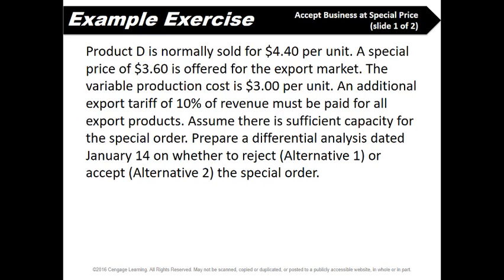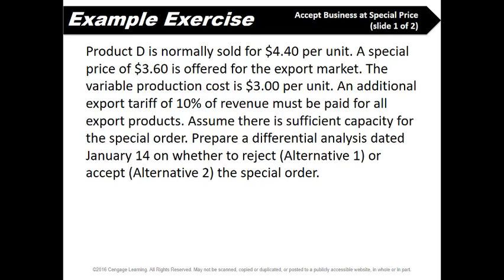Here we have the example exercise on whether to accept business at a special price. Let's take a second to look at product D, which is normally sold for $4.40 a unit. We have an offer to sell it at $3.60 for the export market. Variable production cost of $3 per unit. There is an additional export tariff of 10% of revenue that must be paid for all export products.